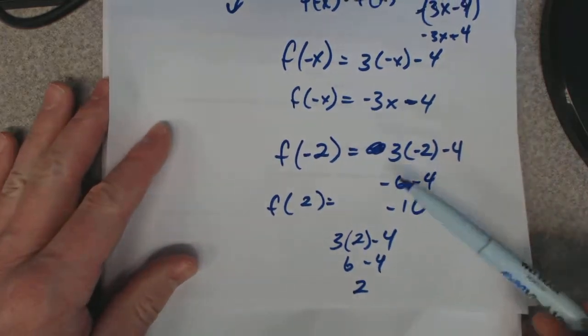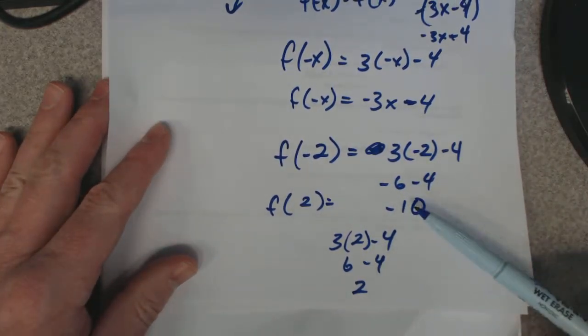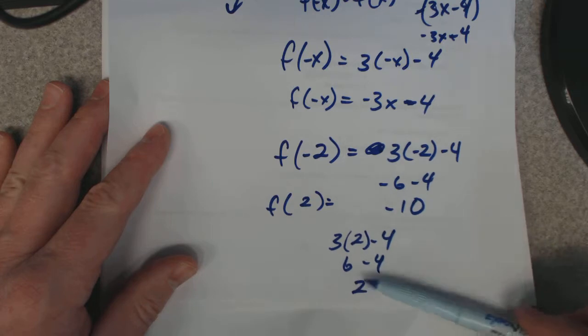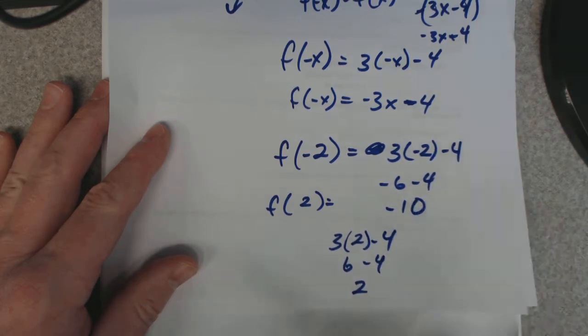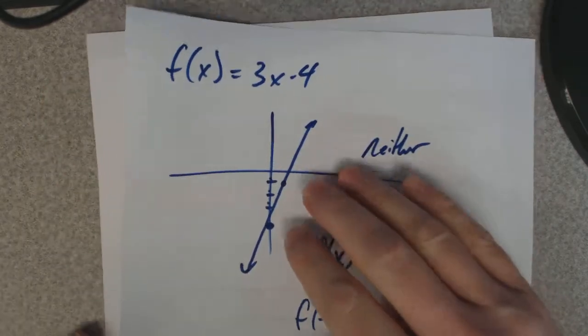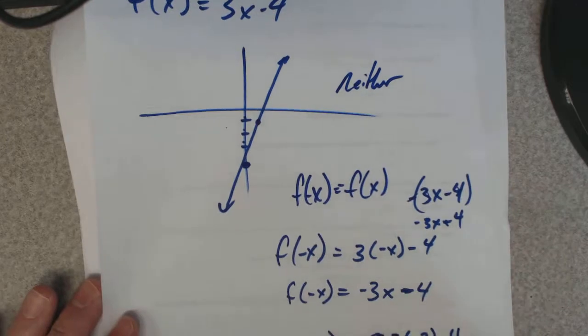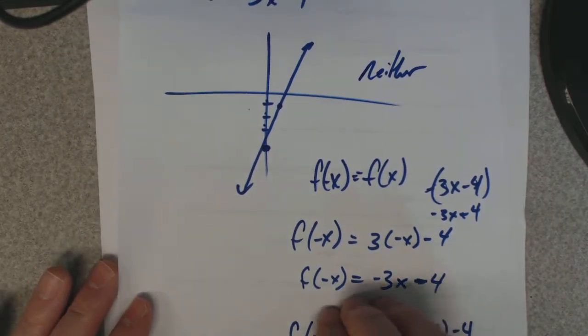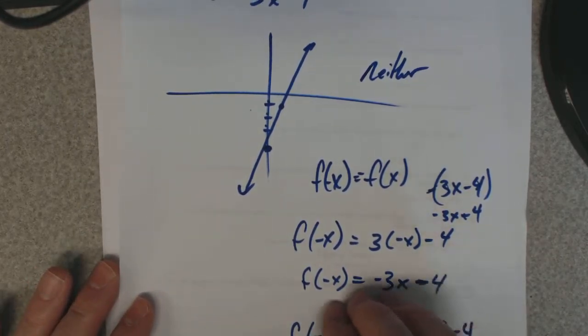I get 2. So remember, this is not even. You don't wind up with the same number, so it's not even. I like to look at these things graphically, but you can also prove them algebraically by just plugging in an x value.